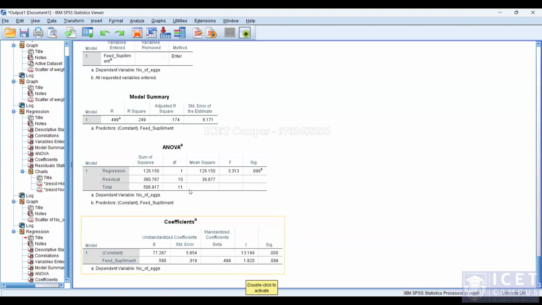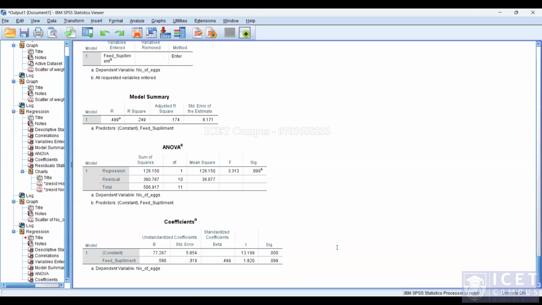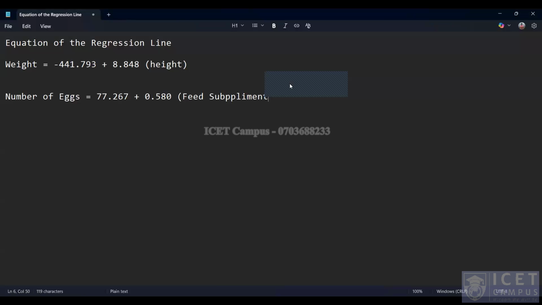So we can write number of eggs equals 77.267 plus 0.858 times feed supplement. So this is the regression equation.